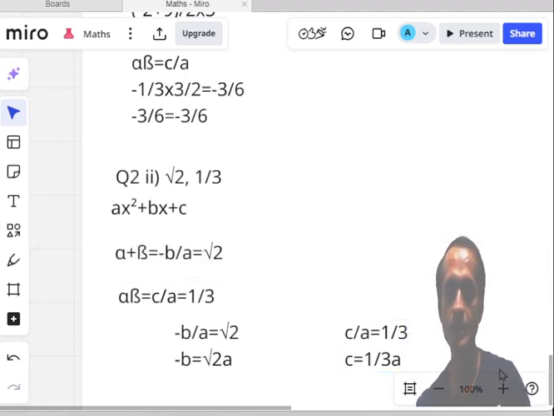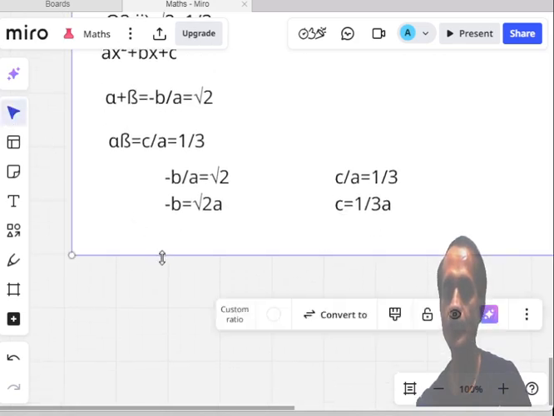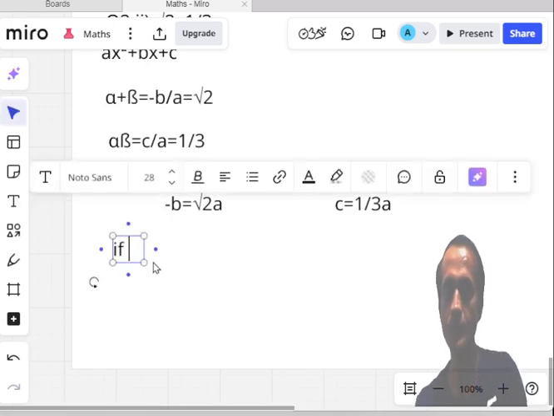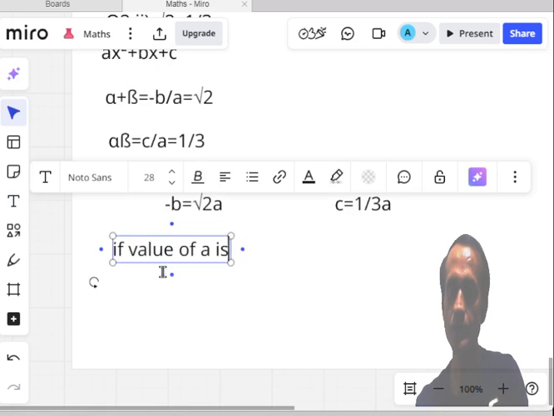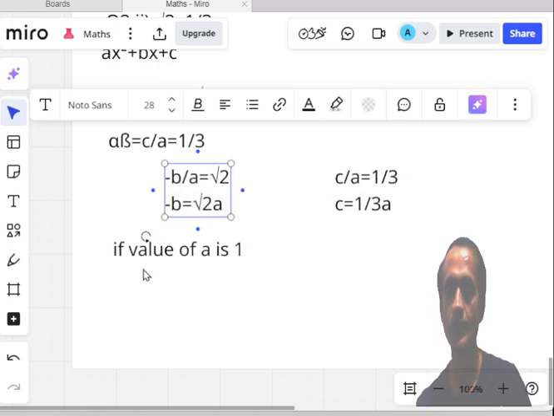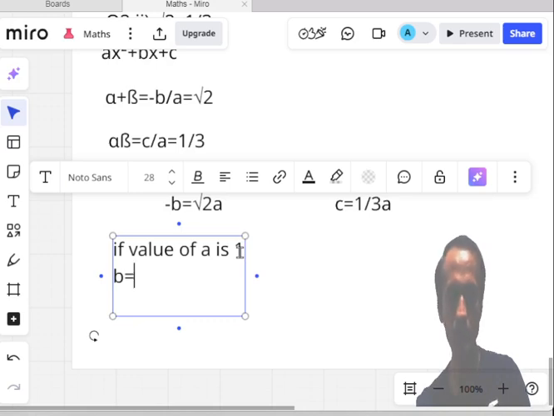So let us say that the value of a is 1. Then what will be the value of b? From this we get the value of b as minus root 2.